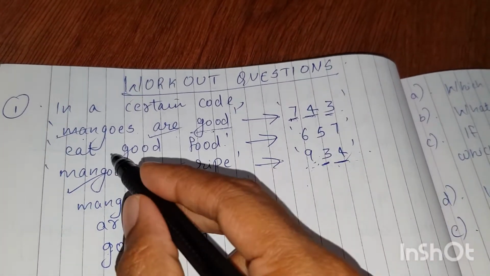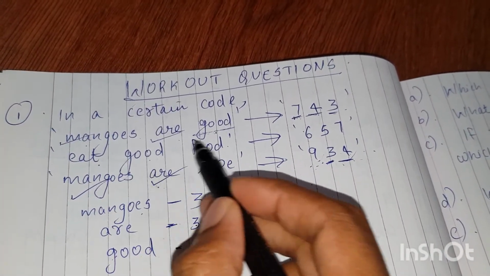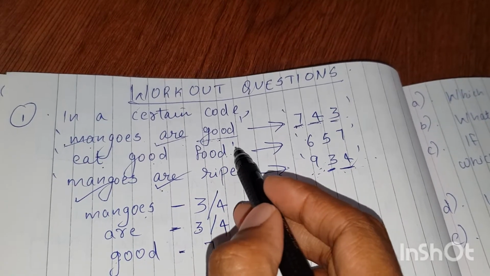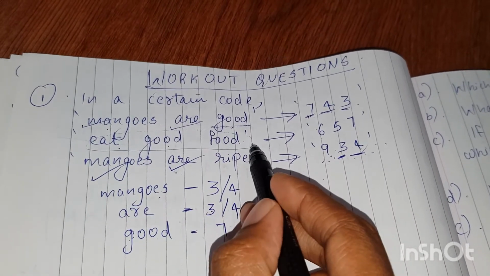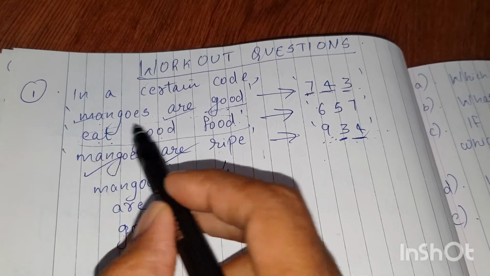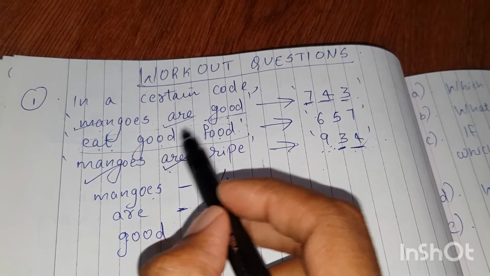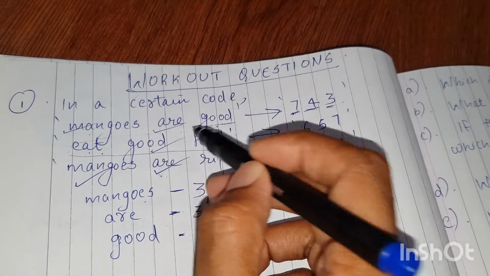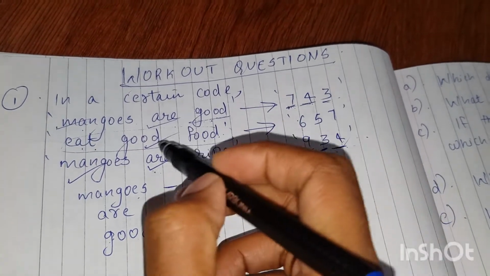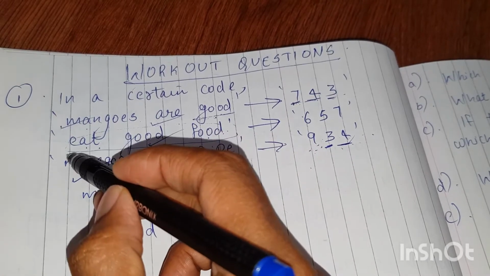Understood? Now going to the second line, eat good food. Good, we know the code for good. What is the code for good? It is 7. So we have to find out the code for eat and food.